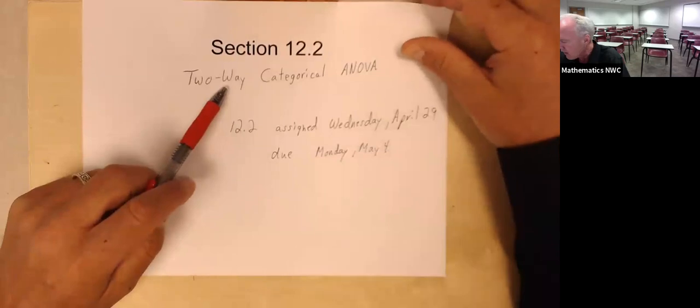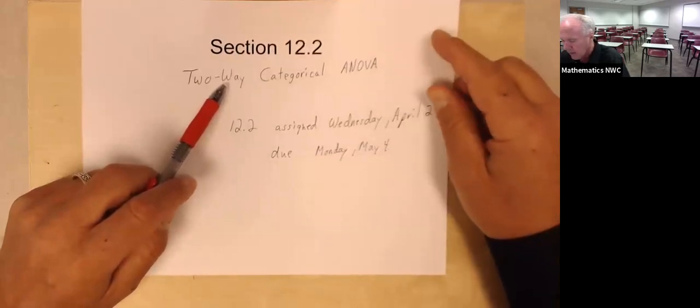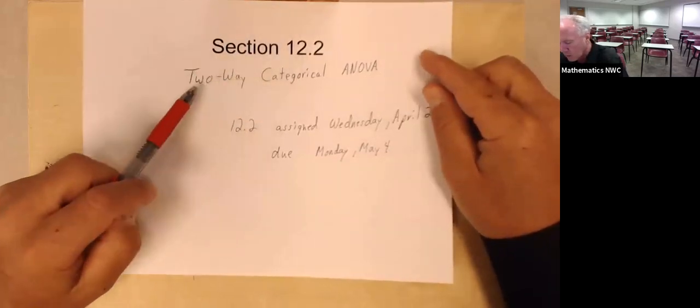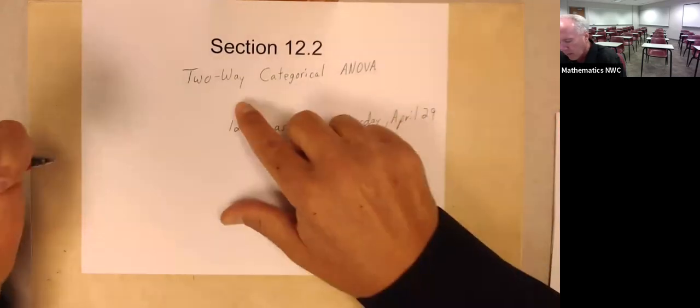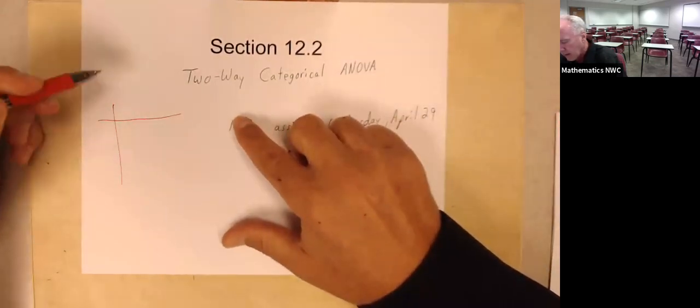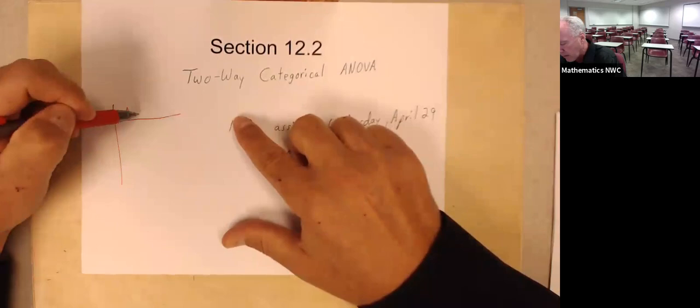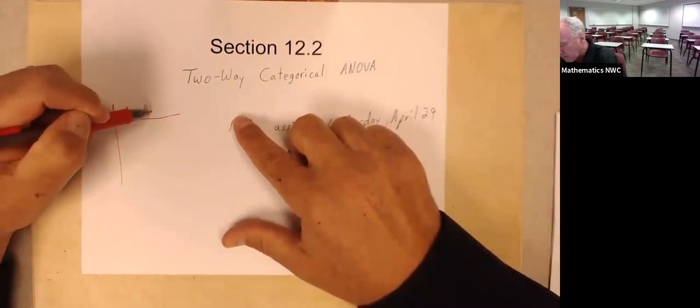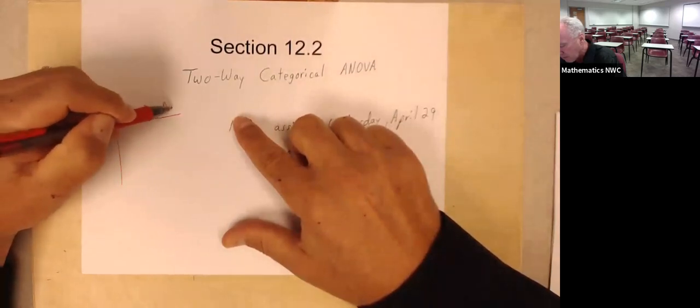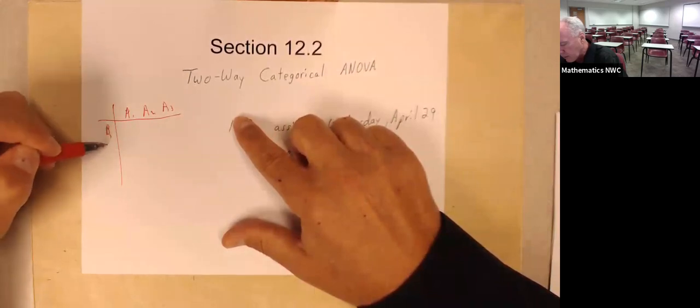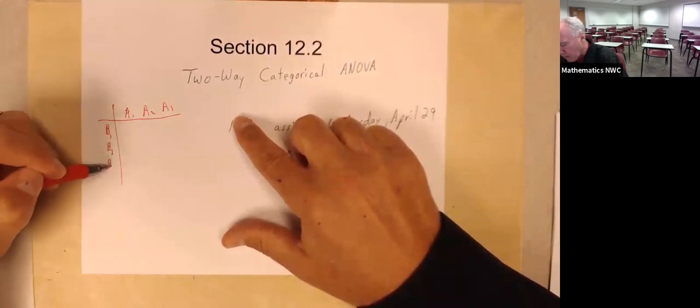But two-way categorical data, that's different than 12.1, which was one-way. What I mean by two-way is you've got some variable going on up here and some variable going on over here.